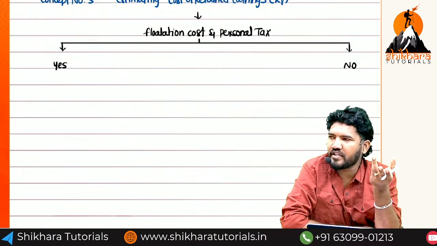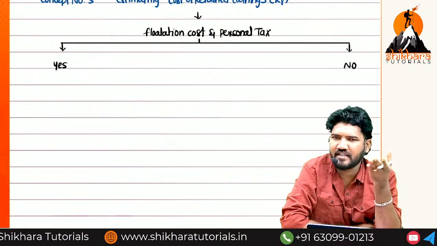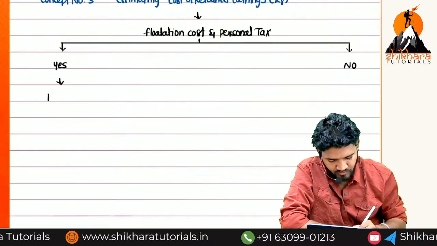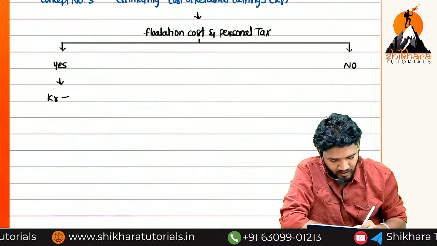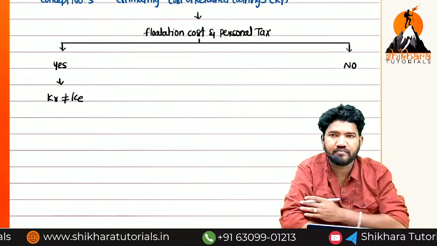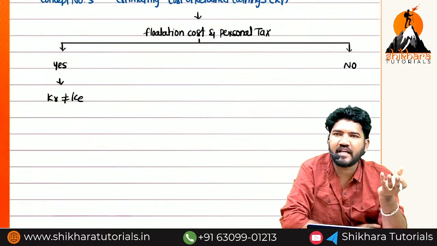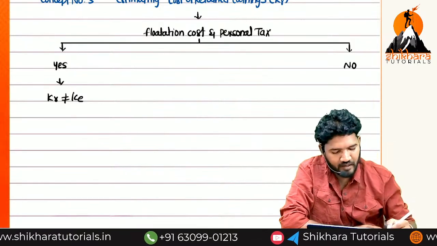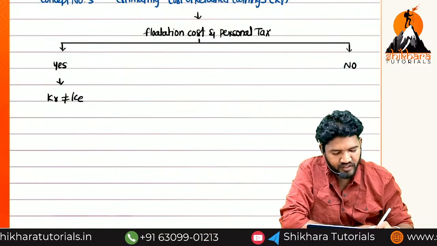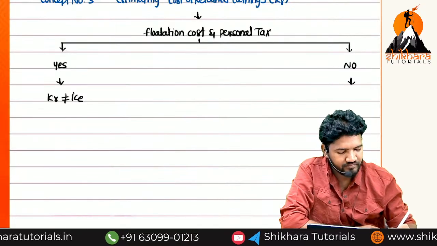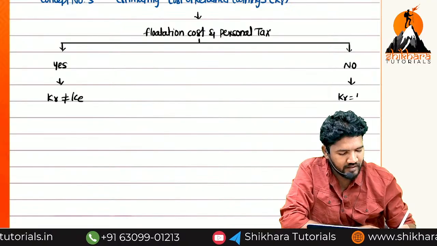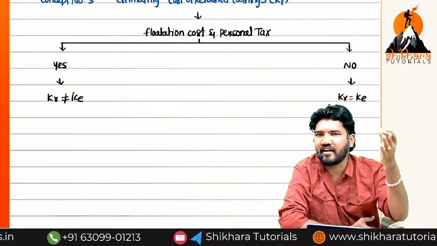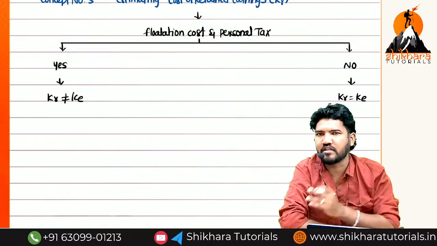If there is a flotation cost and personal tax, that is called yes. If it is yes, KR is not equal to KE. Do you agree? Why? Because personal tax will affect, as well as flotation cost. But if there is no flotation cost or personal tax, KR is nothing but the KE answer. Whatever calculation you did for KE, that answer will be taken as KR also.